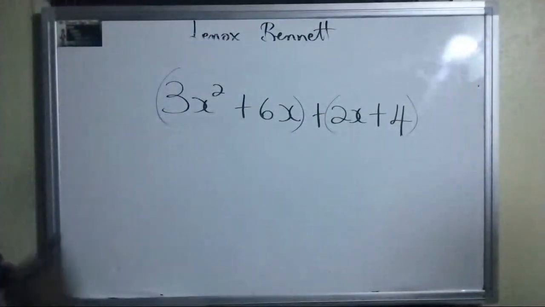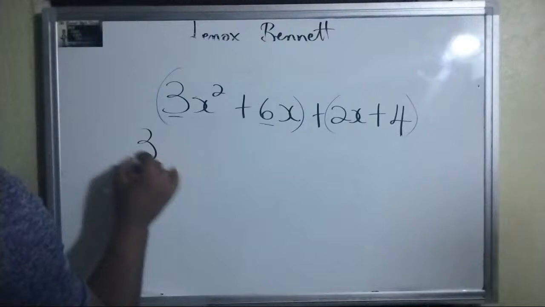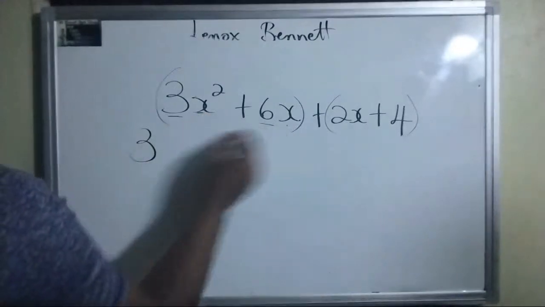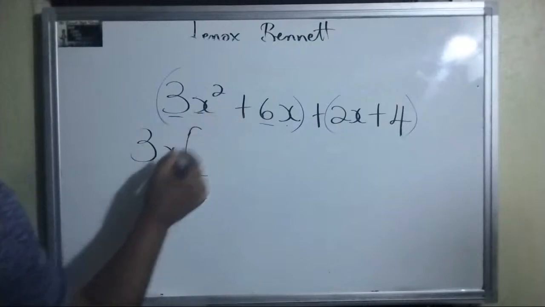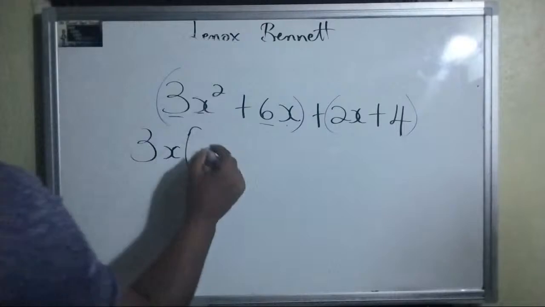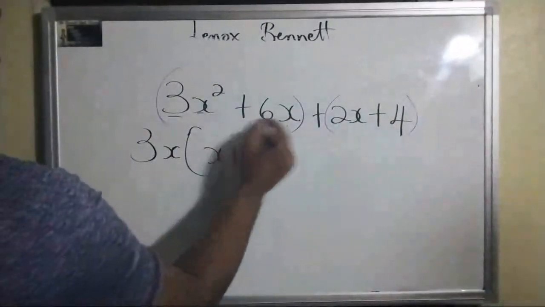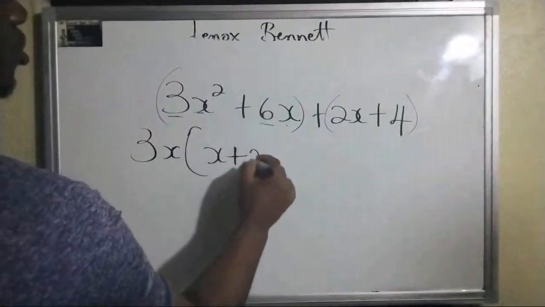Alright. So we take out the highest common factor. We check the number first: the highest number that can go into 3 and 6, which is 3. x is common to both. So we take out the x, not the x squared, right? Because x squared cannot go into x without a remainder. So that leaves x, and 3x into 6x, the x cancels the x, and that leaves 2.